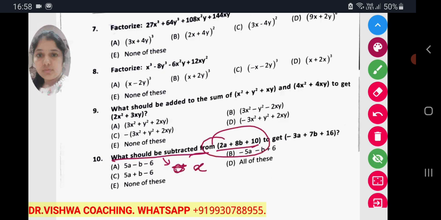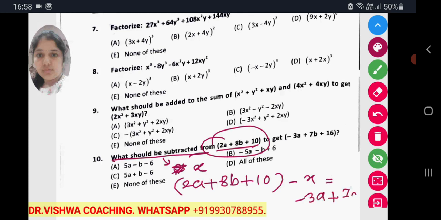Now here we don't assume it as a because the variables are in the form of a and b. So 2a plus 8b plus 10 minus x is equal to minus 3a plus 7b plus 16.